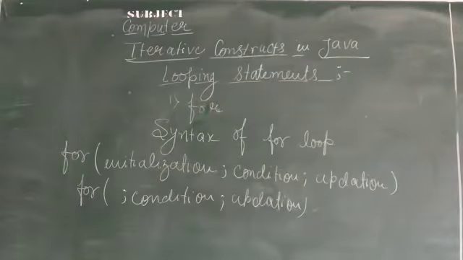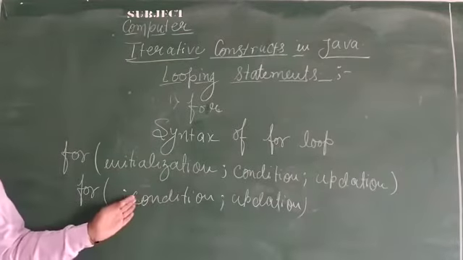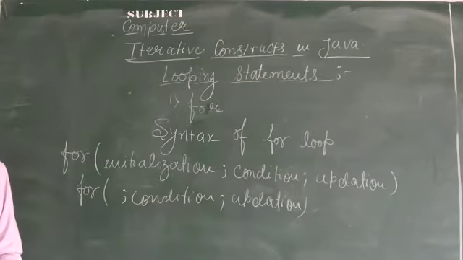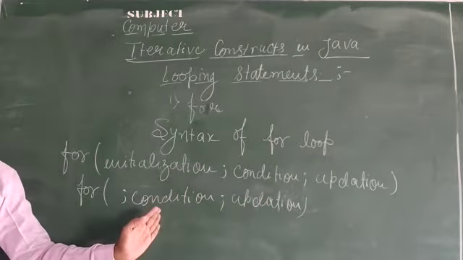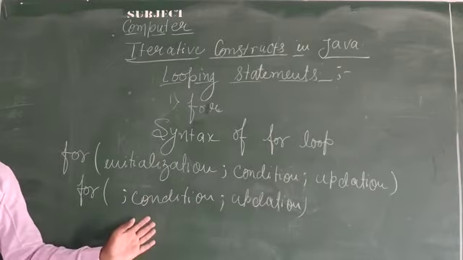Understood? Any confusion, Vidika? No? In the same manner, if we want to skip the condition, the condition is the second part and updation is the last. We cannot put the updation at second. Now, how is it possible?